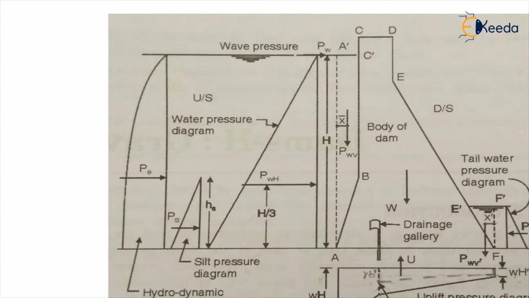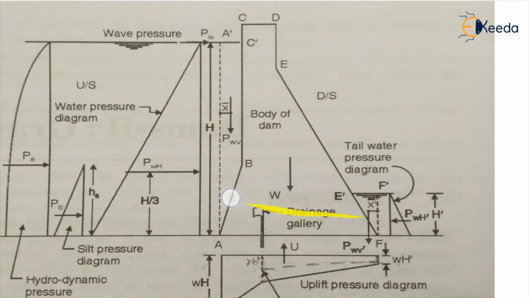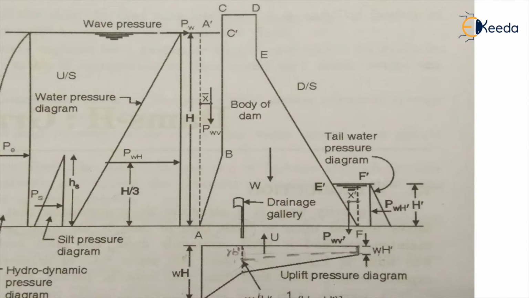Now, analyzing all these upstream side forces, we have to consider the self-weight. You can see the section of this dam is quite inclined on the upstream side, and it has a slope on the downstream side also.